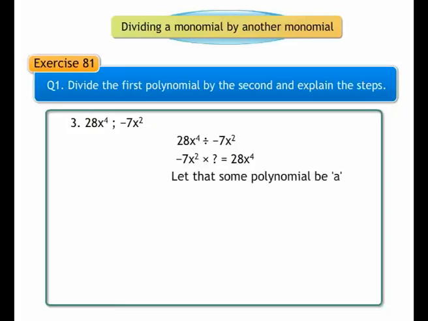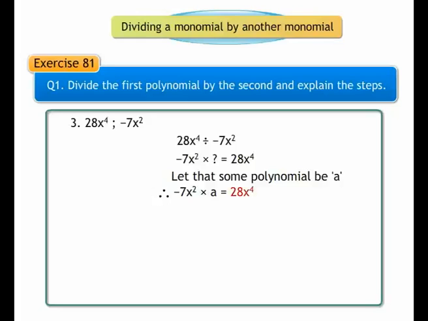Let that some polynomial be a. Therefore, minus 7x square into a is equal to 28x raised to 4. The value of a is achieved by dividing the coefficient of one monomial along with its variable with the coefficient of the other monomial along with its variable.